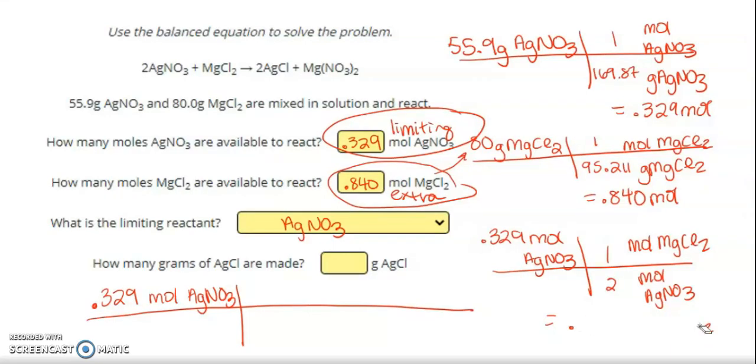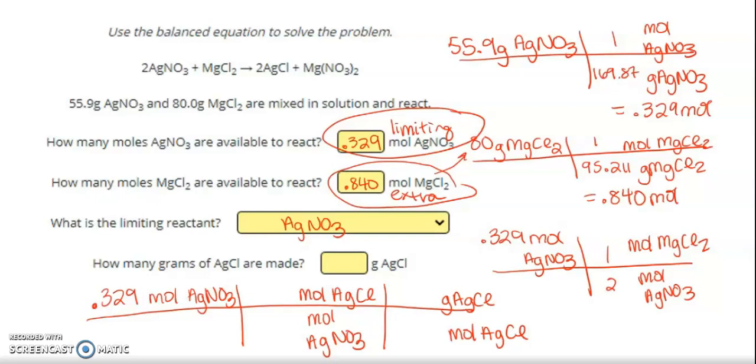I'm going to erase some of this over here for space. I'm going to drag down mole AgNO3, convert to mole AgCl, drag down mole AgCl, and go to grams AgCl.